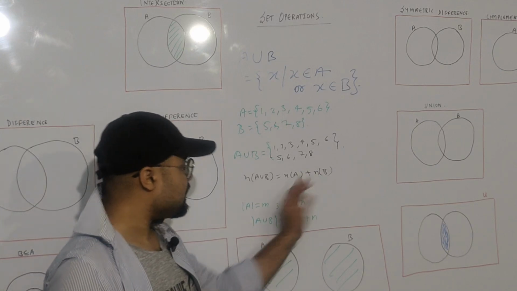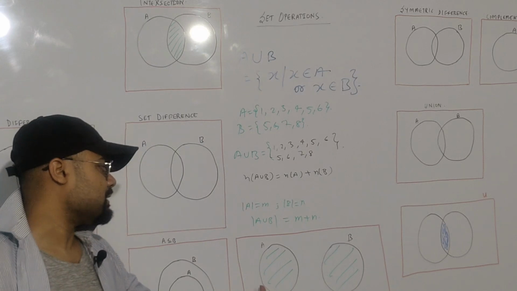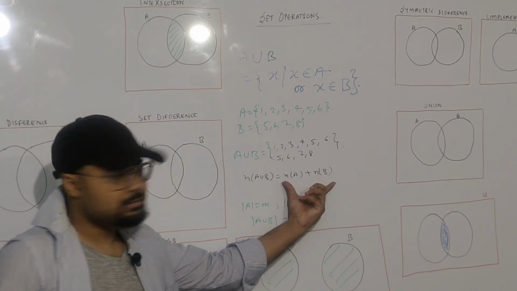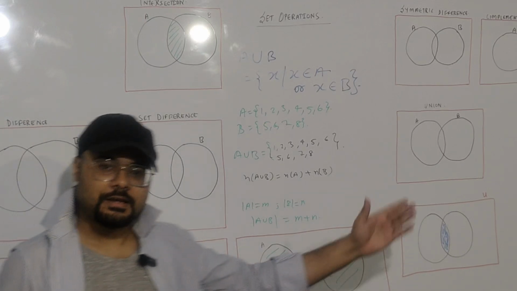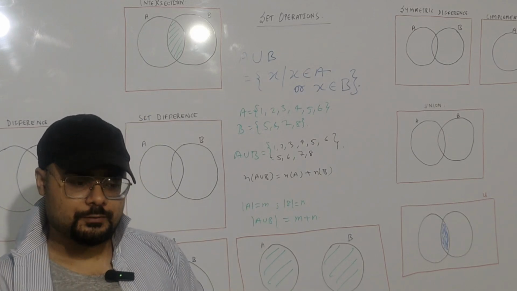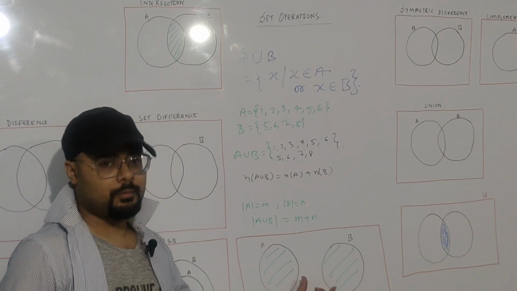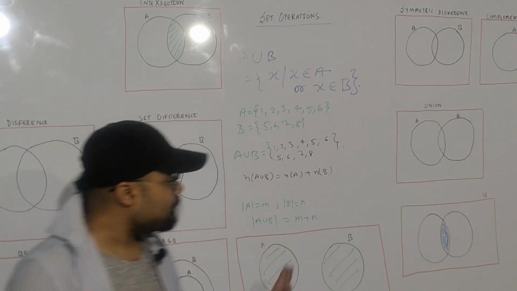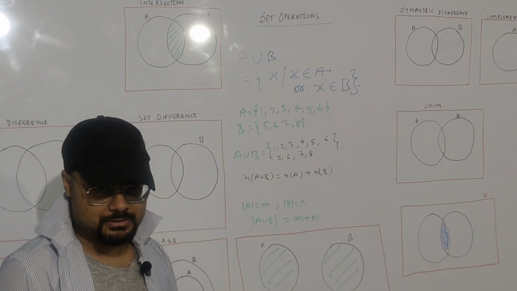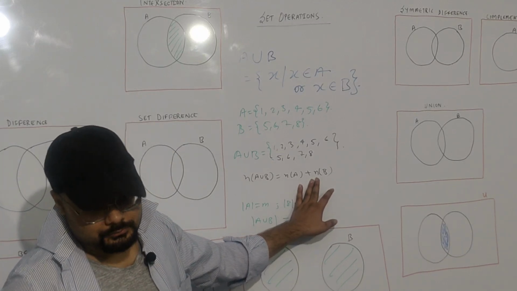You can say this in case of disjoint sets, because in disjoint sets you are just listing elements of A and elements of B without taking care if any element is coming twice because of a common element. So this goes fine in case of disjoint sets because there is no common element. When you list all the elements of A, then when you list elements of B, no element is going to come twice because there are no shared elements. So in this case, this does not hold actually.